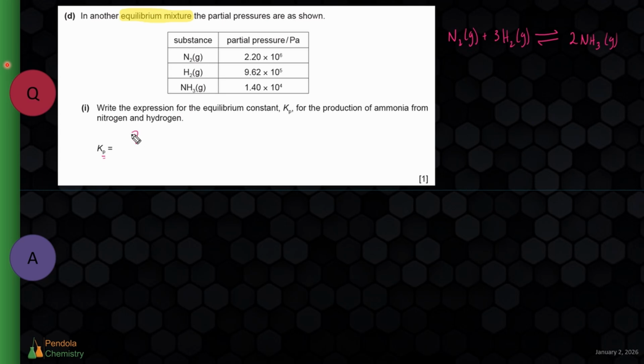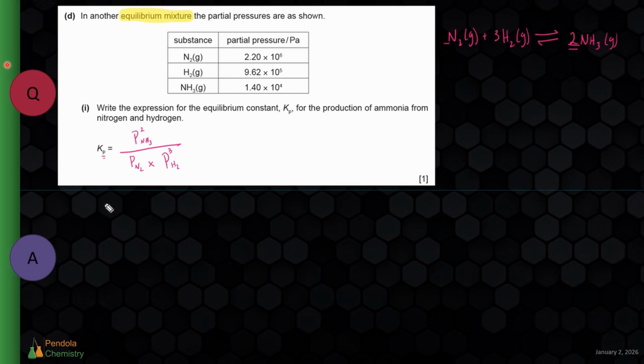So I'm going to do it with the way that the book does it. So P to the second NH3, because 2 is the coefficient for ammonia, and then over P to the first for N2, because coefficient for N2 is 1, times P to the third for H2.